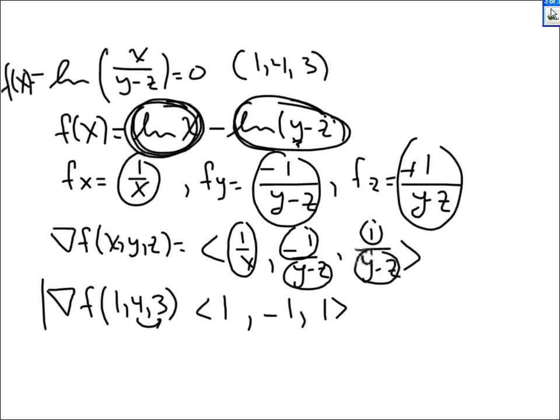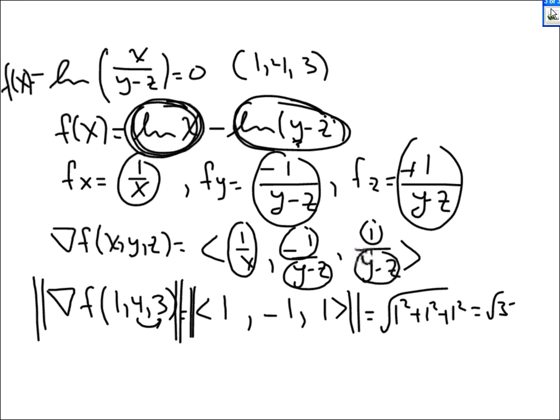Okay, the length of this is the square root of 1 squared plus 1 squared plus 1 squared, the square root of 3, which is 3 over the square root of 3.